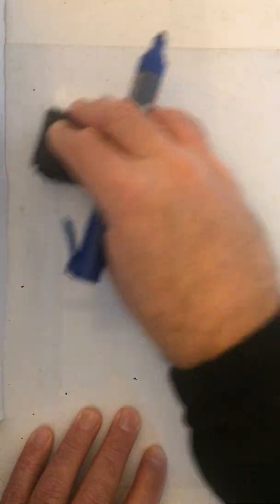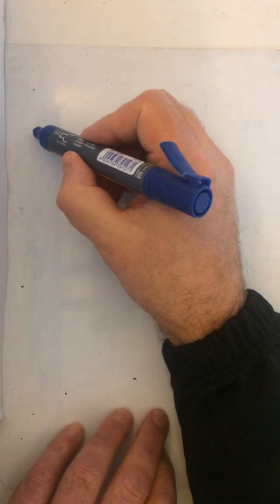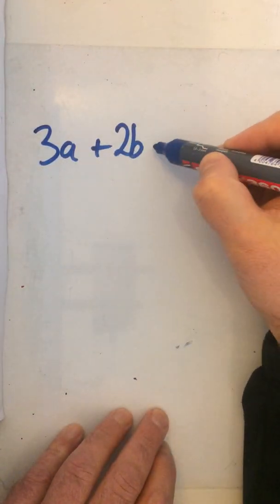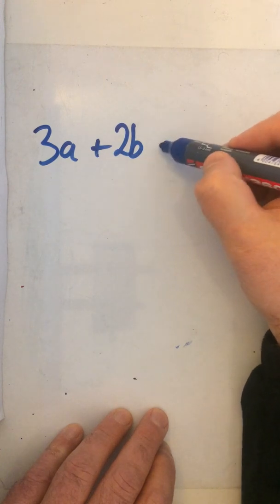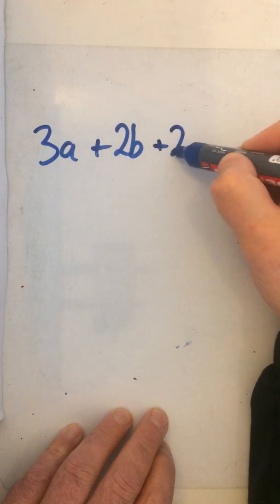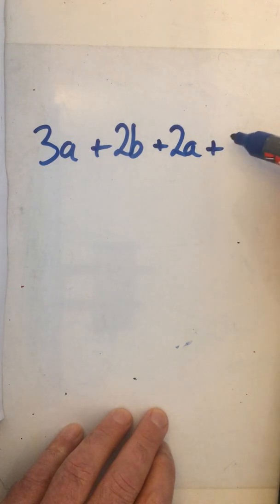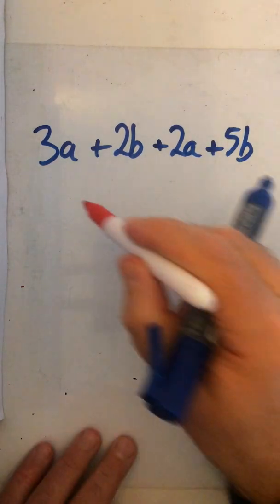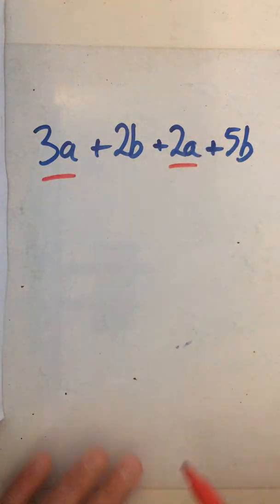Remember, this is where we're looking for like terms. So if we've got 3a plus 2b plus 2a plus 5b, we're finding our like terms. They're the like terms there.